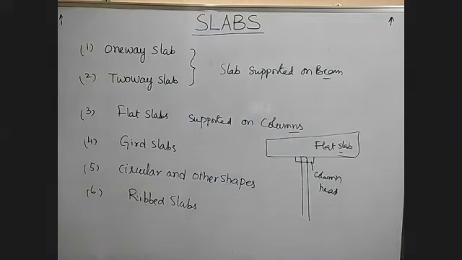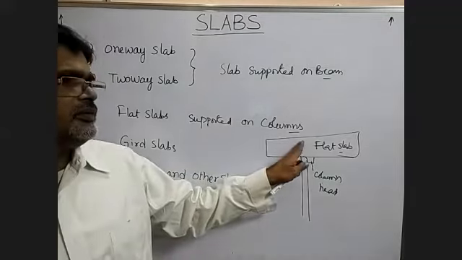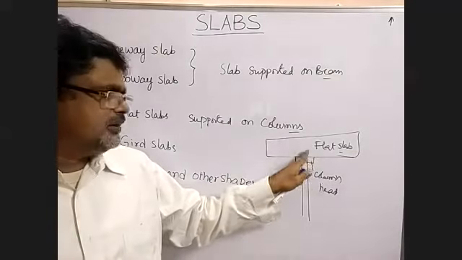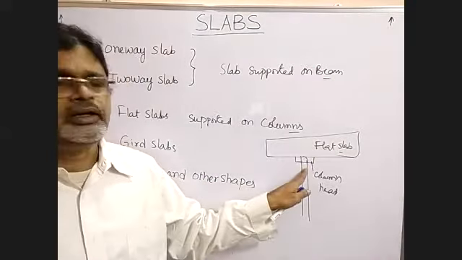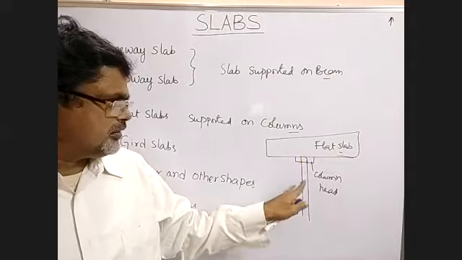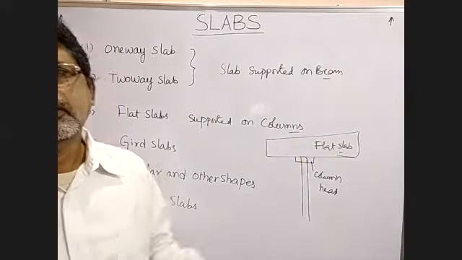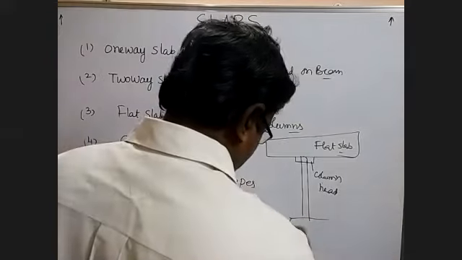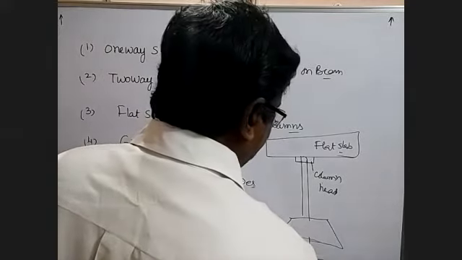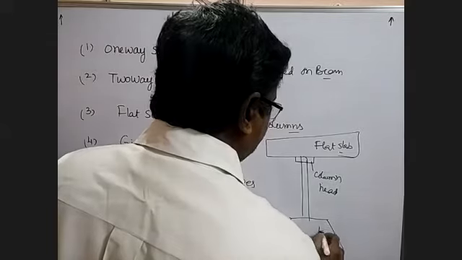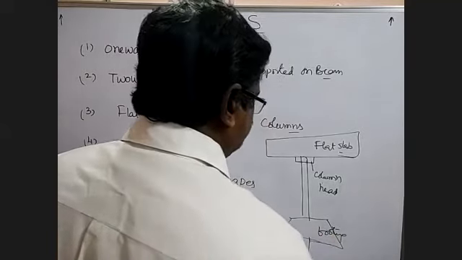The normal load distribution is slab to the beam, beam to the column, column to the foundation, footing to the soil. But here in the flat slab, the slab is directly resting on the column and its load is transferred to the column, column to the footing, to the soil.